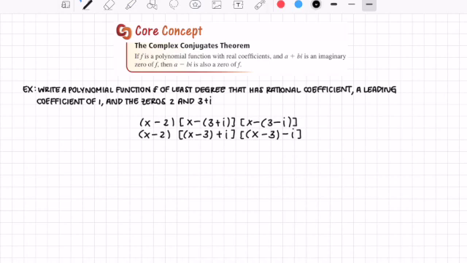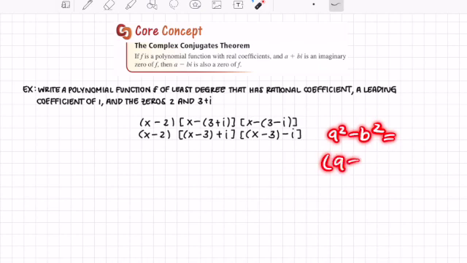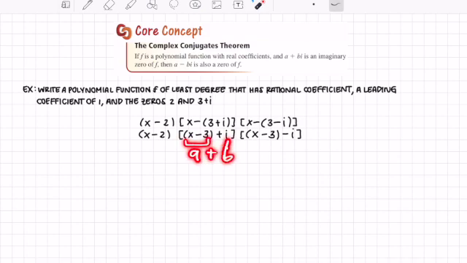And from here, we can use the a squared minus b squared method, where a minus b multiplies with a plus b, because we can consider the x minus 3 to be our a value, and this i would be considered my b value. So from here, I can get x minus 3 squared minus i squared. And then, again, x minus 2 is just being dropped down.